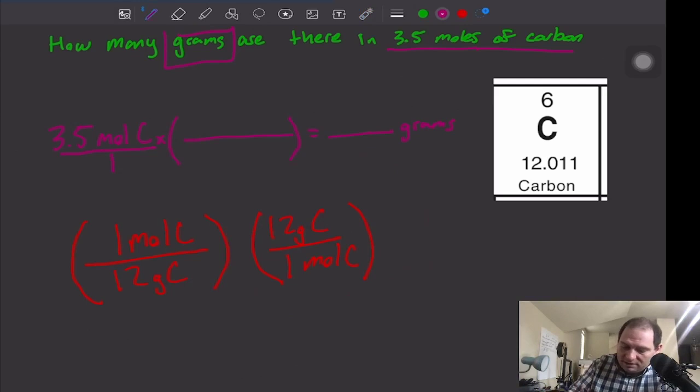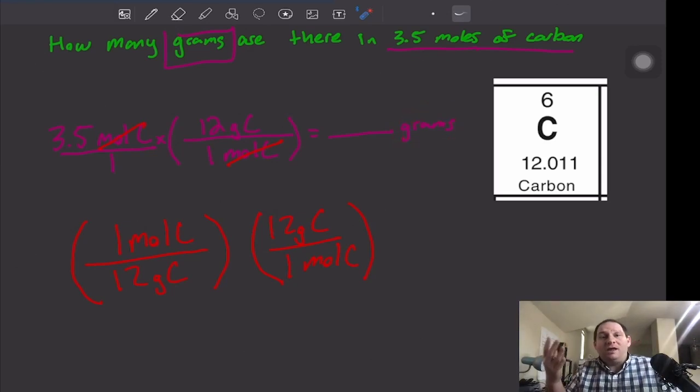I'm going to rewrite that: 12 grams of carbon equals 1 mole of carbon. Let me cancel out my units and let's see if it's what I need. This mole and this mole cancel out. I'm left with grams of carbon. Do I need grams? I need grams. That's the only conversion factor I need.